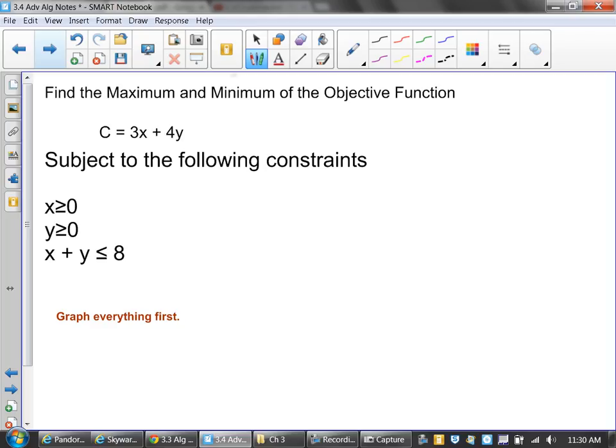Okay? So if I'm looking at these 3 constraints, what quadrant am I in again? I'm first quadrant. And what are my x and y intercepts? 8 and 8, yep.